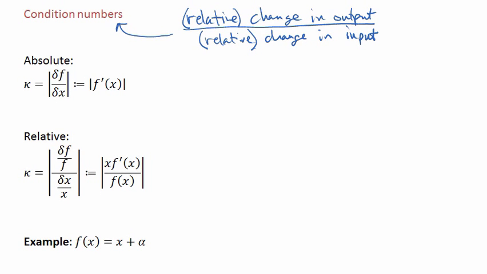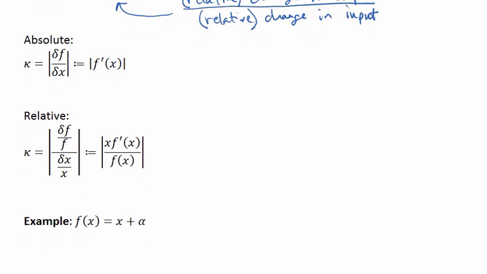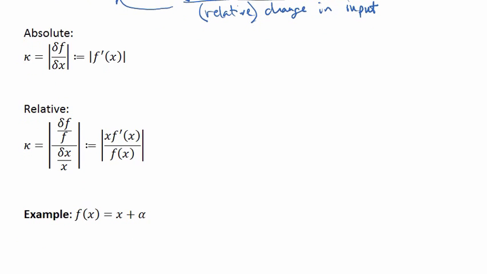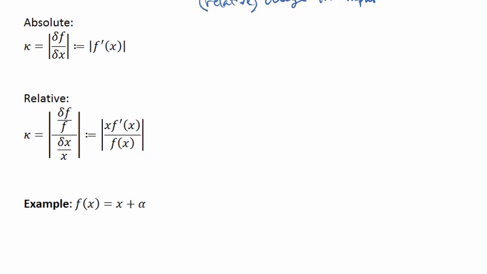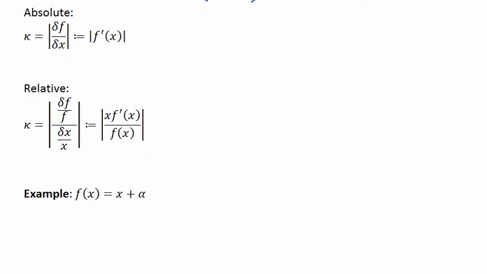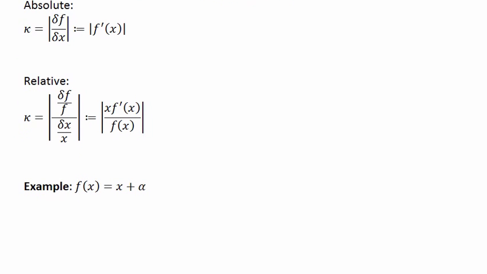So when we deal with absolute changes, we just have the derivative, right? Change in output over change in input is the derivative in absolute values because we don't usually care about the sign of it. On the other hand, if we care about relative changes, then we look at the analysis that I did above, and we suggested that extra term that multiplies the epsilon should be our condition number.